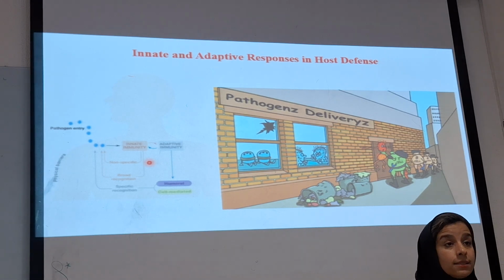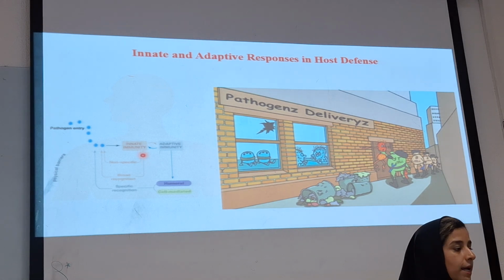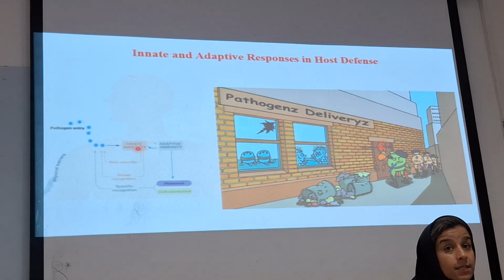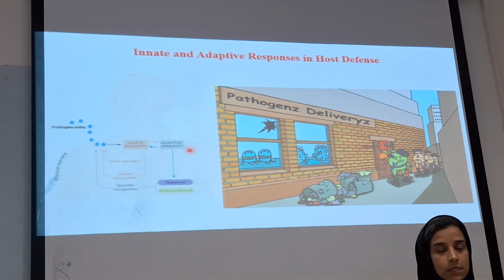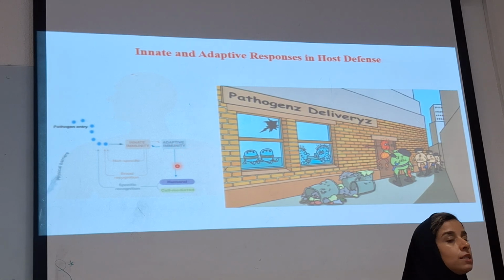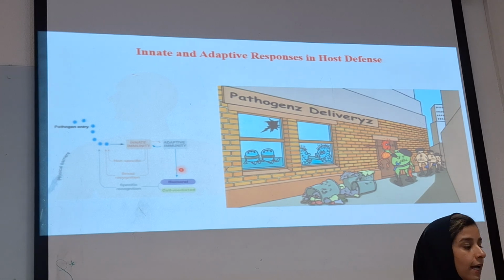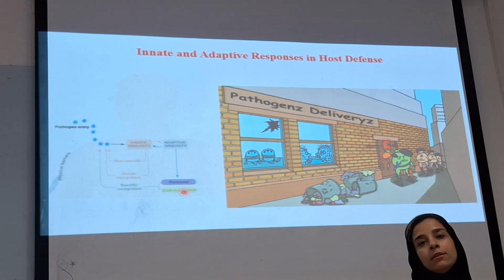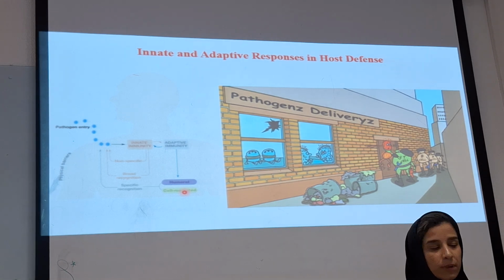Simultaneously, the innate immune system calls the adaptive immune system, through producing cytokines I mentioned in the first session, alarming it and introducing these pathogens. The adaptive system is then activated and starts producing antibodies, effector T cells, and cytolytic T cells to deal with different pathogens.